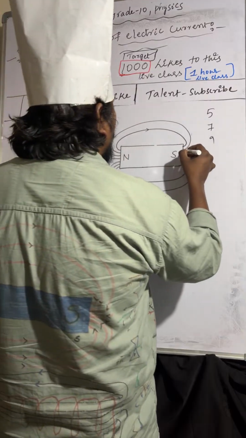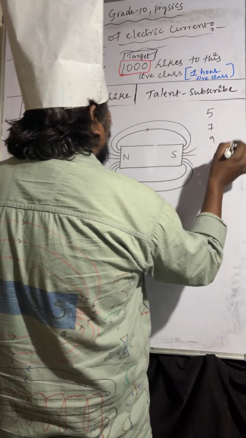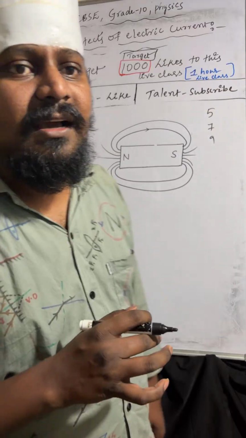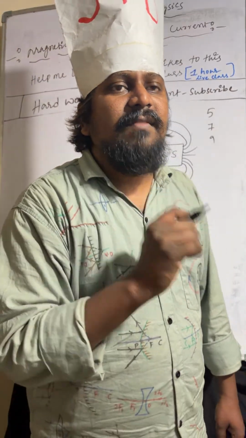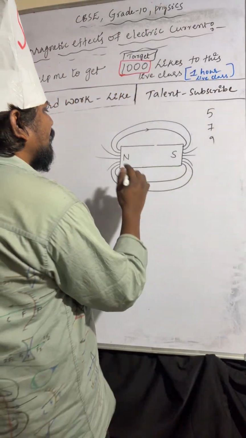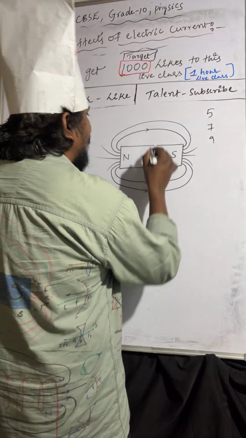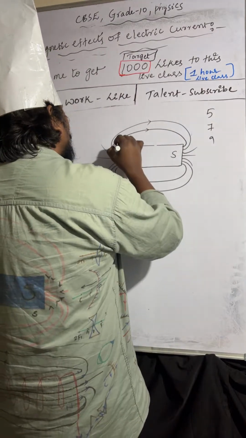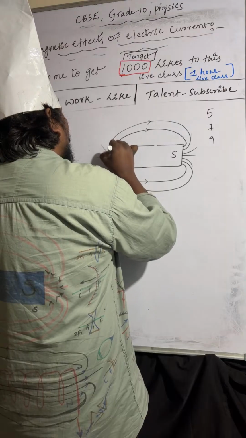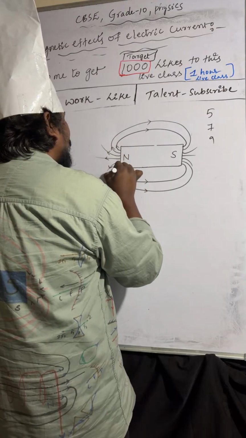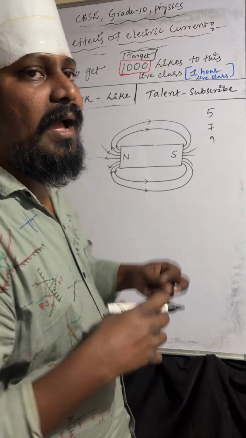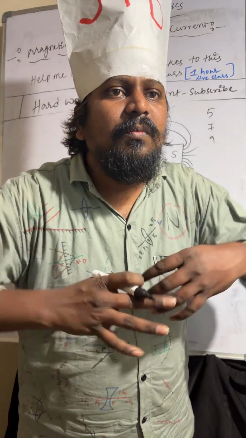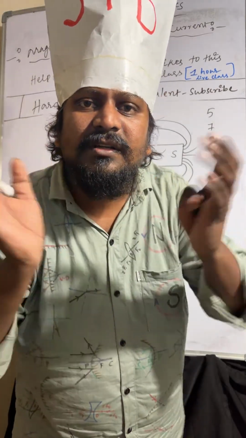So this is the 7-line diagram. You can observe here, from north pole to south pole, the magnetic field is there. At the north pole, the magnetic field lines move away, emerging out.